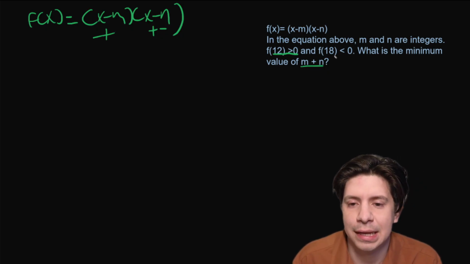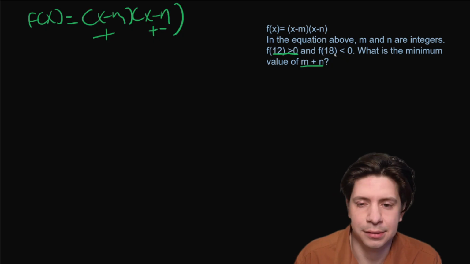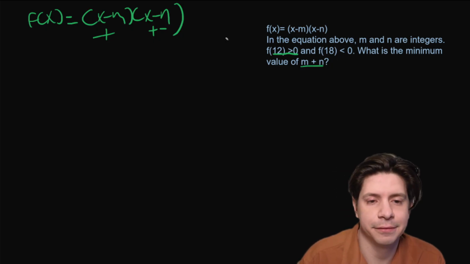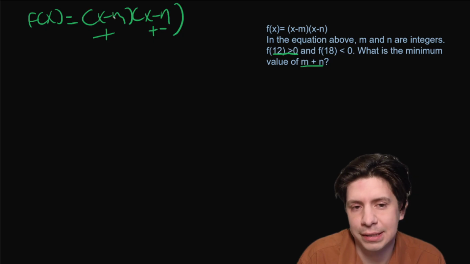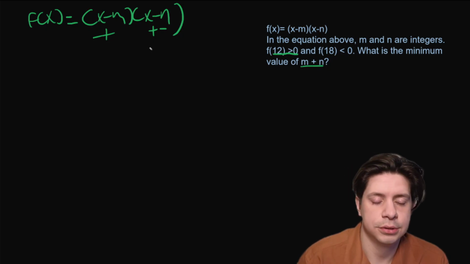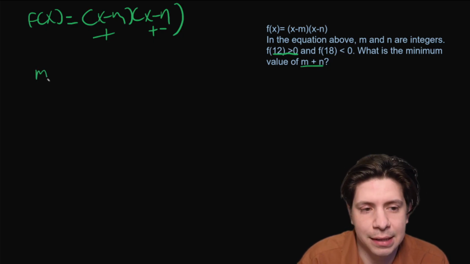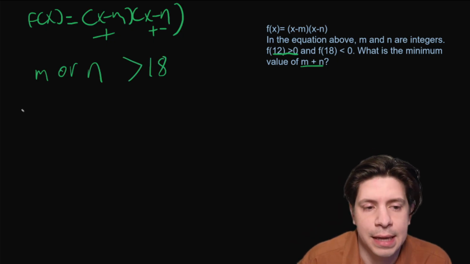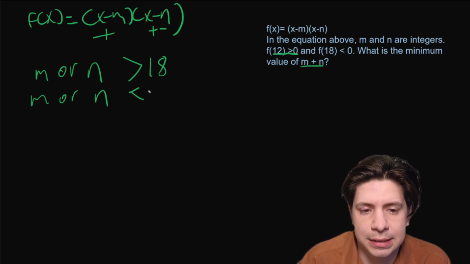And then when f of 18 is less than 0, that means it's negative. So that means one of them is greater than 18 and one of them is less than 18. So what you could say is that m or n is greater than 18, and m or n is less than 18.